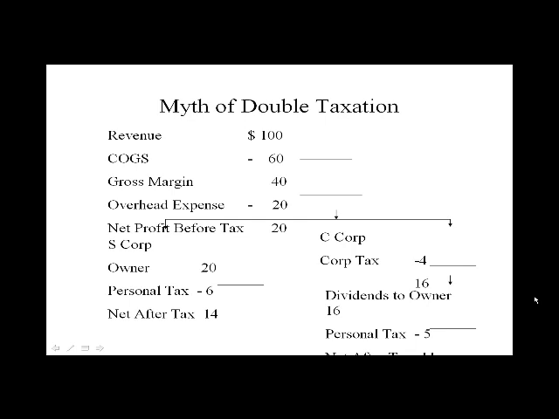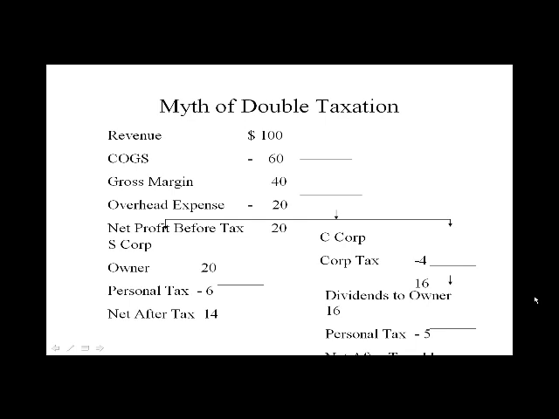If we're an S corp, the profits flow directly through to the owner's personal tax return. Okay, goes on a schedule, and it becomes part of that person's income tax.